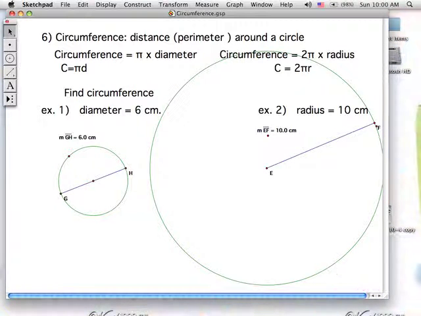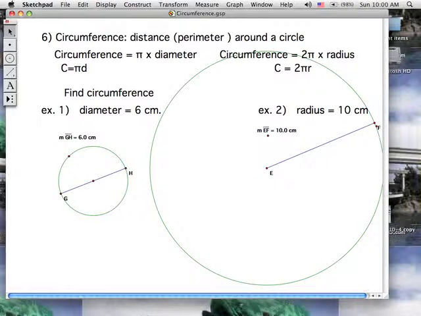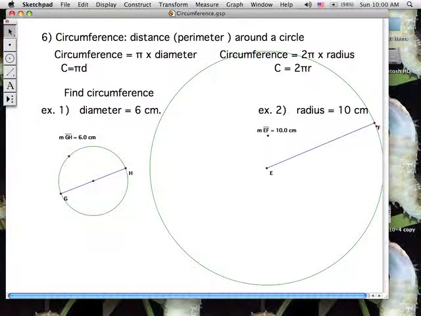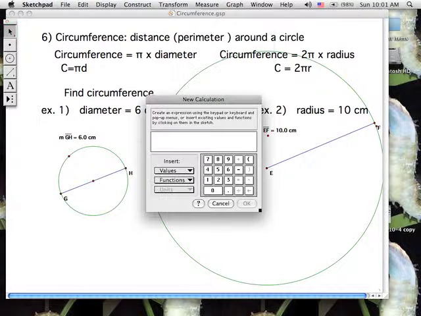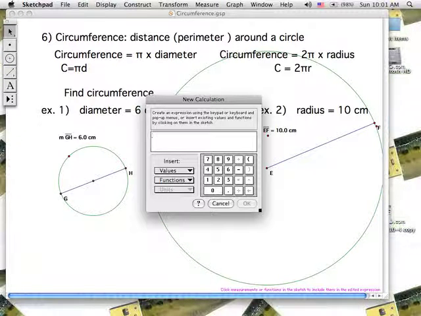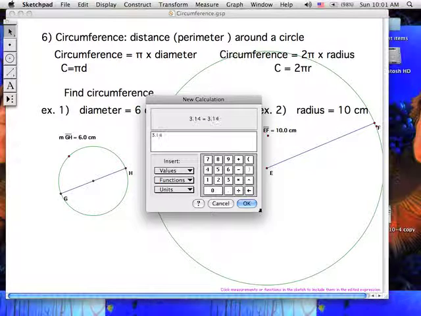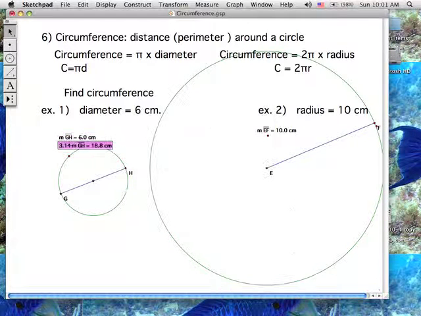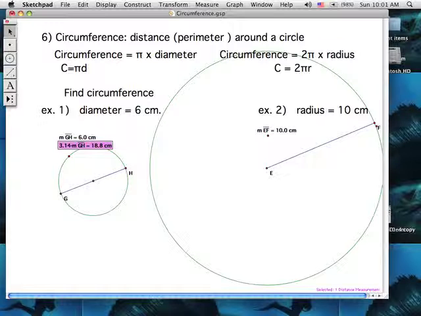So if we take, I'm going to do that right now, this is the diameter, and we know pi is 3.14, so I'm going to take circumference, diameter we have, so we're going to calculate, we're going to take pi, 3.14, multiply it by the diameter, which is this, and we get our circumference, which is 18.8.